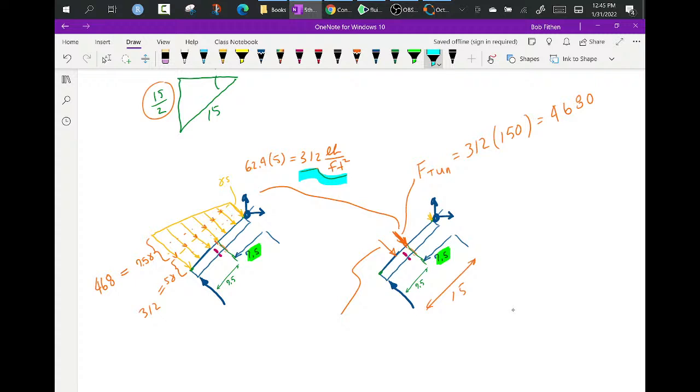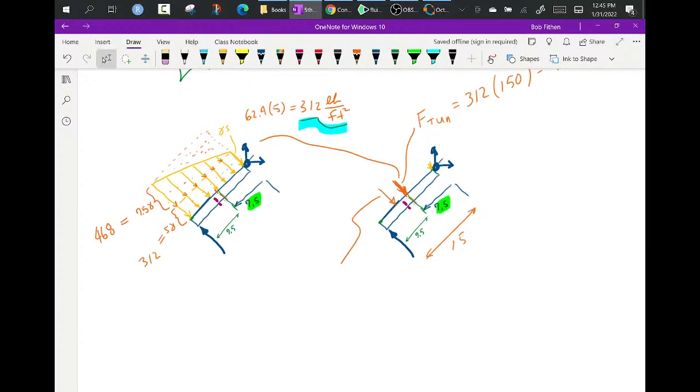You have to take half of what it would be as a uniform load. I hope I'm making sense. So what I'm going to do is take it as a uniform load, and then since the part that's missing is the same as the part that's there, I would divide it by 2.